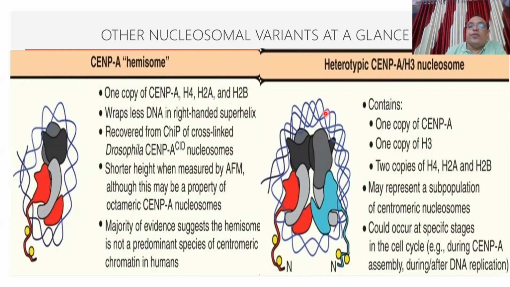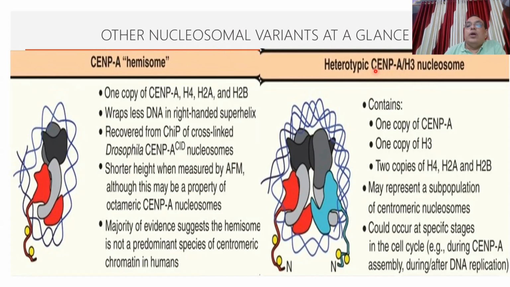But here, the main difference is that in the homotypic CENP-A H4 nucleosome, the nucleosome found at the centromeres, most of the nucleosomes have CENP-A and H4, 2 molecules of CENP-A and 2 molecules of H4 forming the octamer. But in this heterotypic nucleosome, CENP-A forms a dimer with canonical H3, that is the H3 found at loci other than centromeres, the usual H3 in the nucleosome.